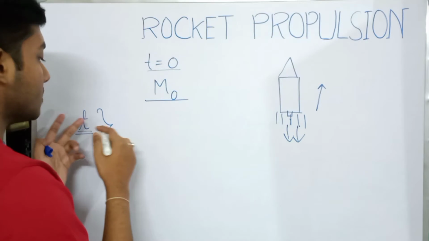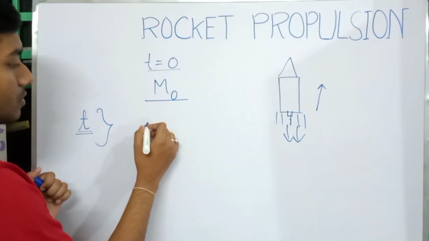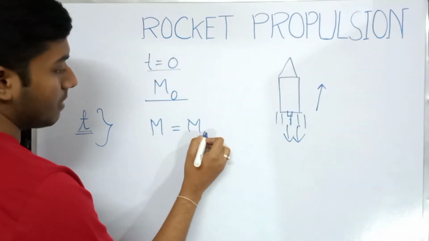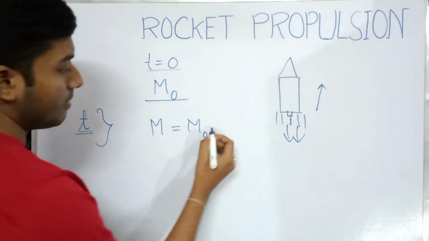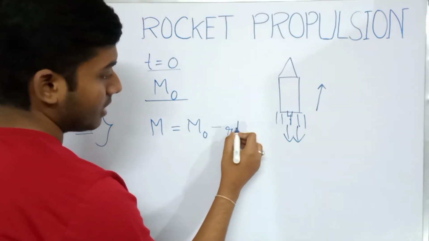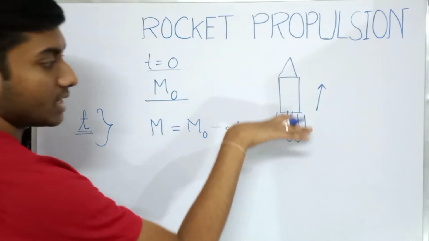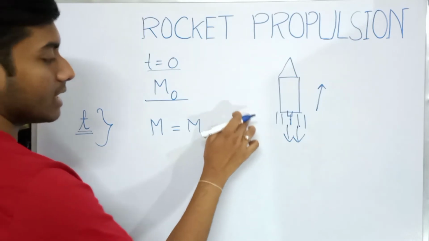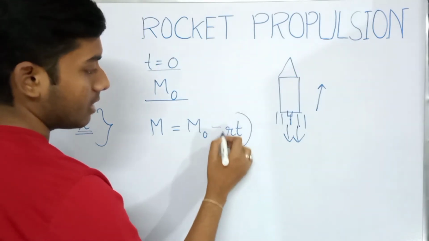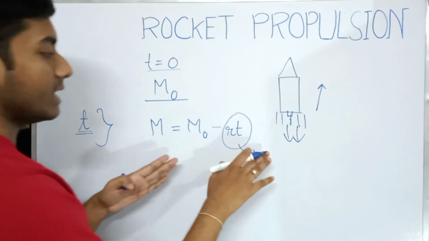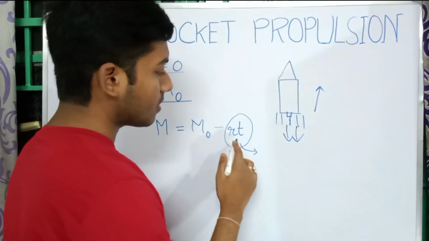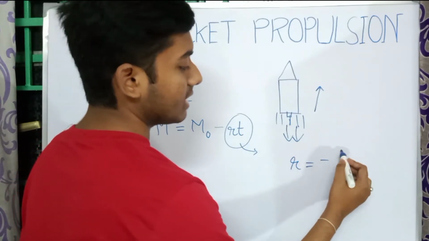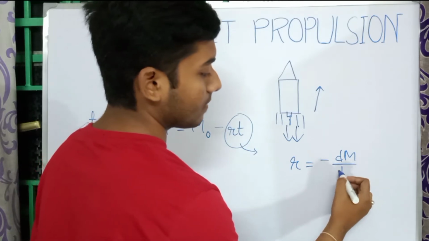The mass of the total system at time t will be m equals m0, the initial mass of the whole system, minus the ejected fuel, where rt represents the decrease of mass by the ejected gas or by the burnt fuel, where r is the constant rate of ejecting gas, that is r is minus dm by dt.